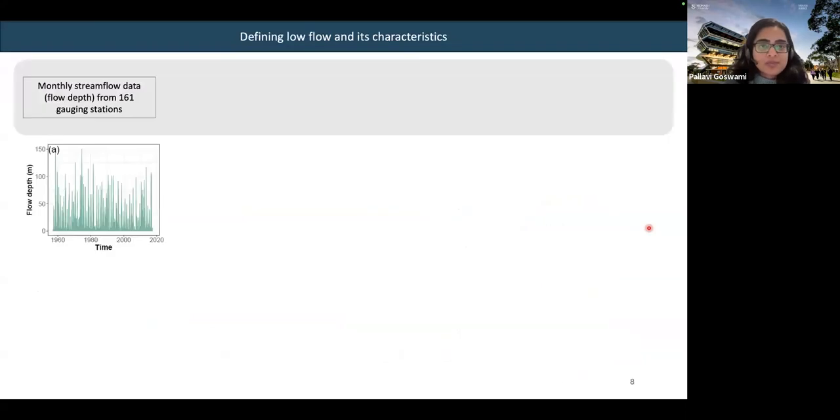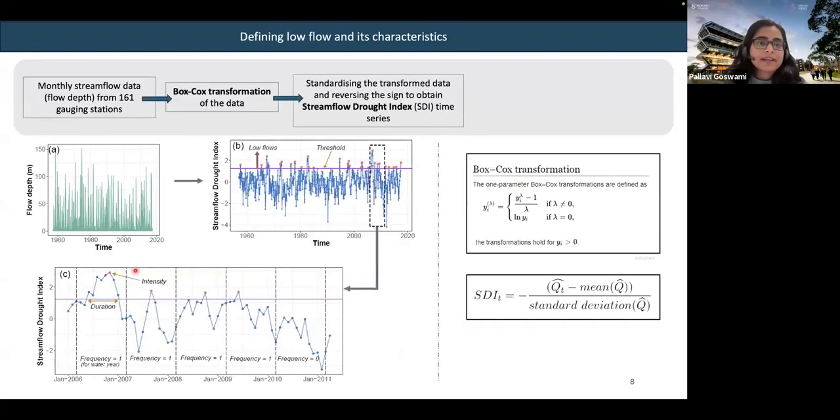With these catchments, the first thing that I did was to identify the low flow periods. The streamflow data that we have for a lot of catchments in Southeast Australia is pretty skewed. So the first step was to apply a Box-Cox transformation to the data.